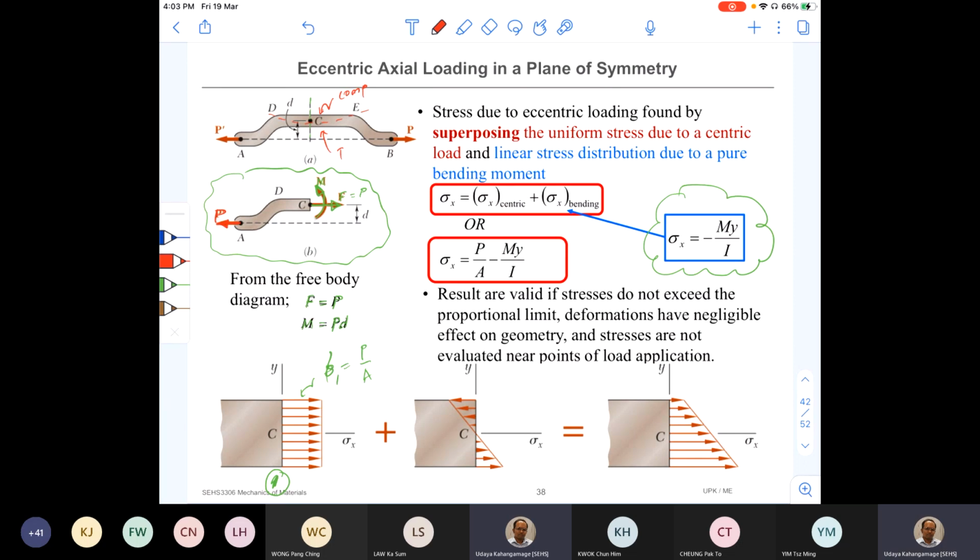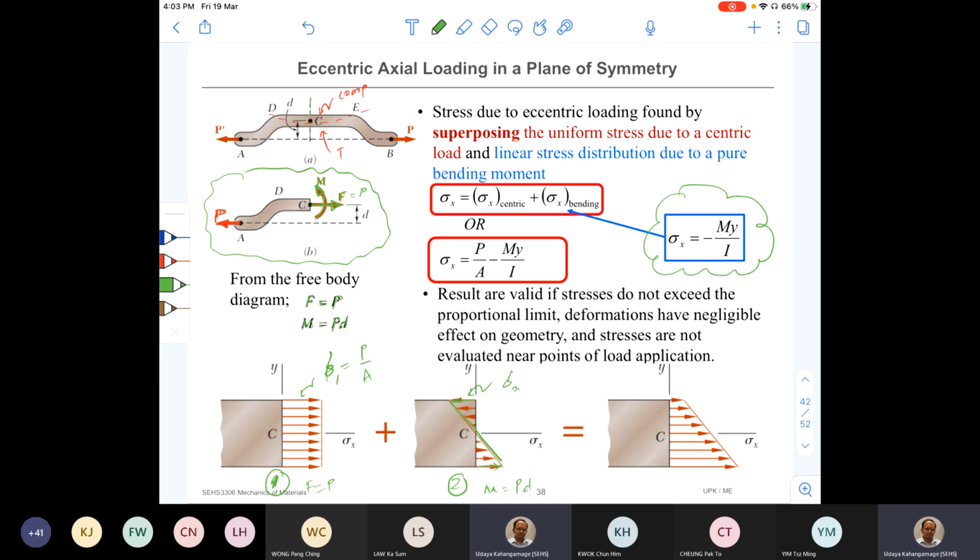So therefore, the distribution of stress on the cross section due to applied bending moment is going to be compression on the top, tension at the bottom, and the distribution is like this. Okay, so now this is the second load case, bending moment due to M, and this is due to F, which is equal to P, and this M is equal to P times D. And you know how to find out this stress.